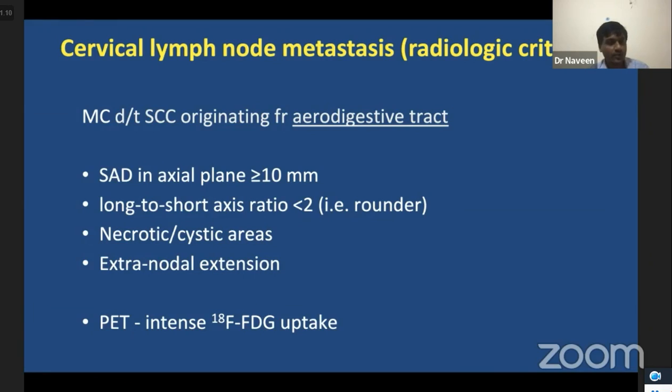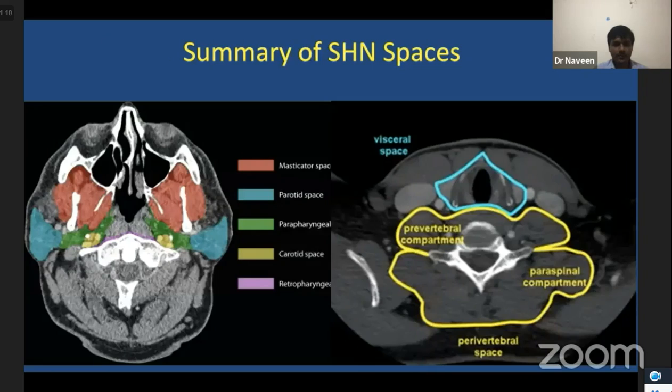They can show necrosis or cystic areas, and usually they are rounder in shape, where we can measure the long axis to short axis ratio. Lymph nodes are usually considered pathological if they are more than 10 mm. For jugulodigastric and submandibular lymph nodes, the usual cutoff taken is 1.5 centimeters. Malignant metastatic lymph nodes appear intense on PET scan with increased uptake of FDG.